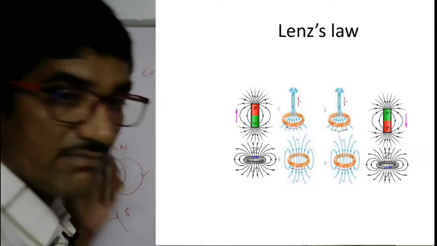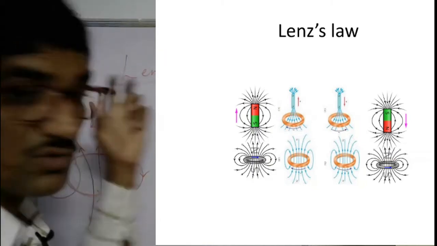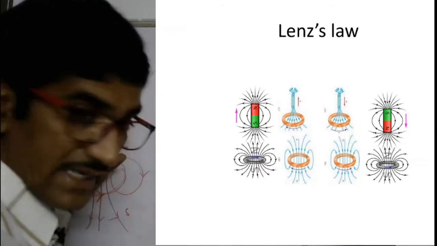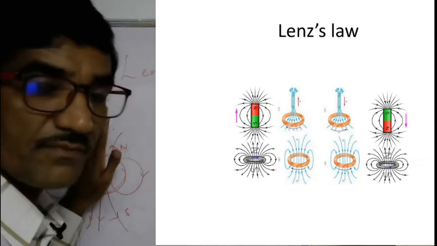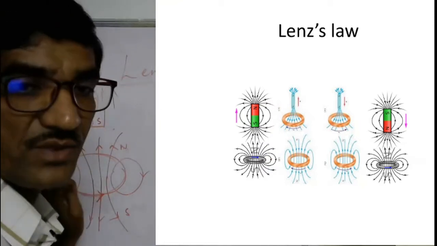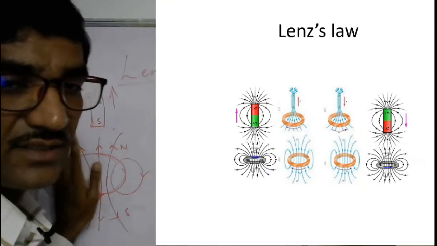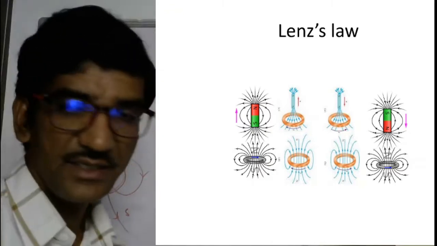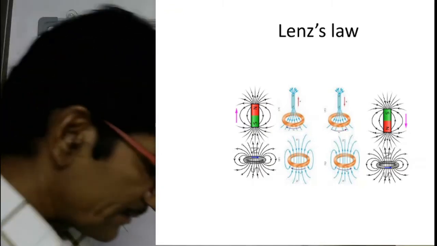Because it is attracting the magnet. It is not allowing this magnet to move away. Okay, so in this case, your induced current direction has to be like this only. In this way, we can understand the Lenz law.